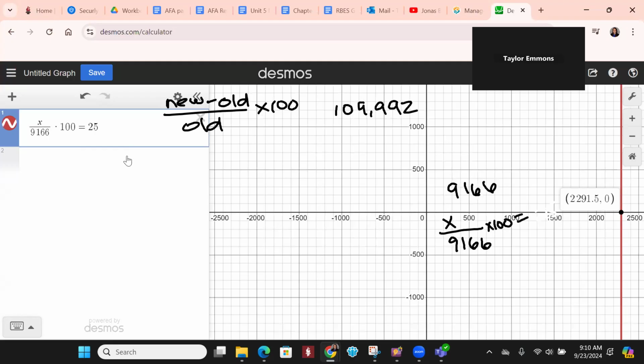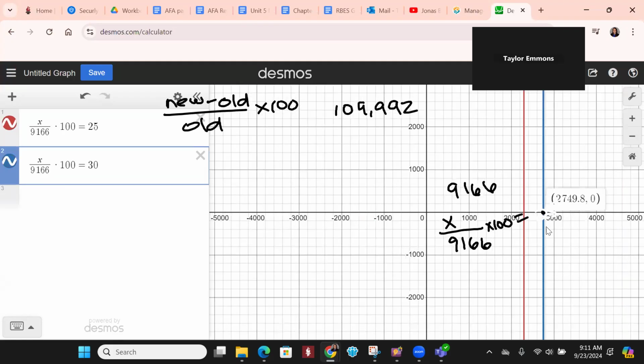Now, if we wanted to do it for 30, the only thing we would change is instead of it being 25, we would change it to 30. And that would be 2,749.8 or $2,750.